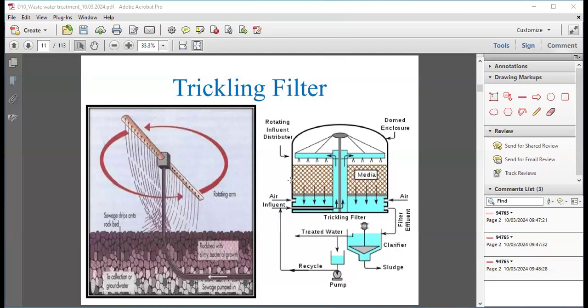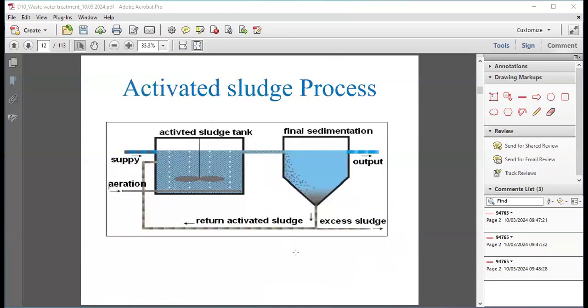The pump, the activated sludge process supplies aeration, then final sedimentation, output. This is the schematic diagram of activated sludge. What's the meaning of sludge? That means you can imagine mud. It makes an activated sludge tank, then final sedimentation.